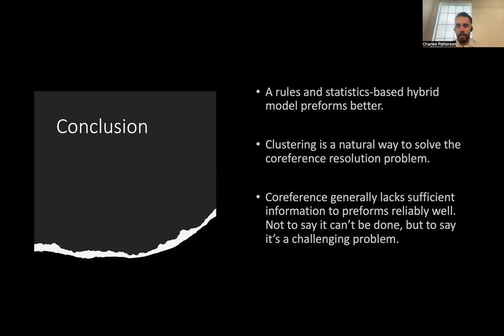Going back to paper one, it seems to me that whenever you are able to dovetail a rules-based approach and a statistics-based approach, that tends to give you better results for your modeling. Clustering tends to be a very natural way to go about things, and it seems to be producing better results than traditional methods where you might just look at string similarity to pair them together.